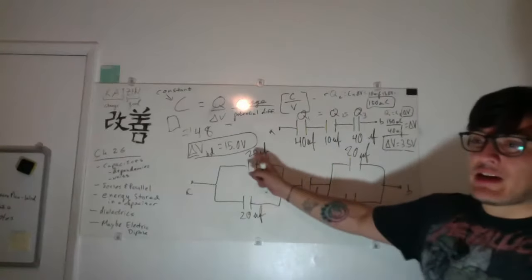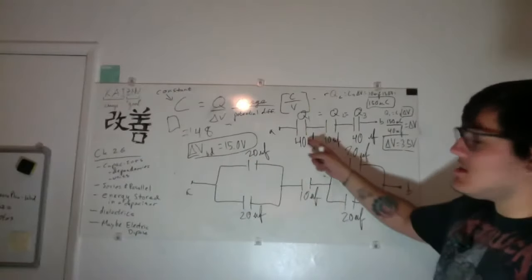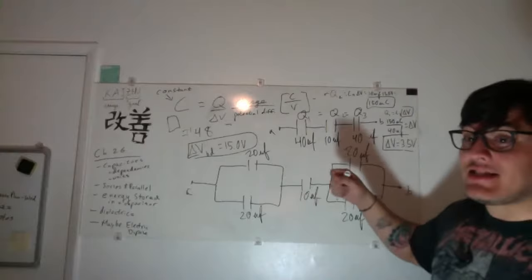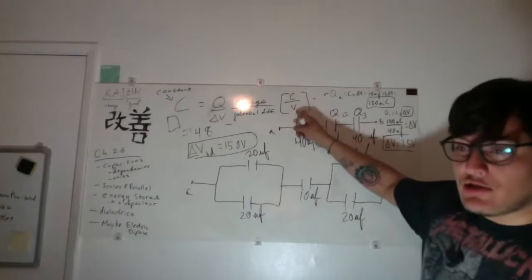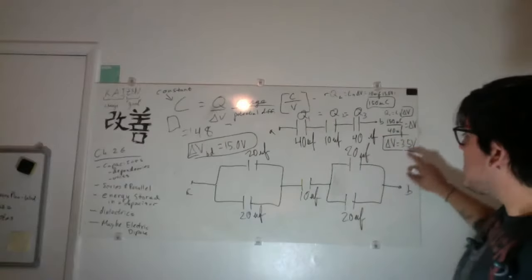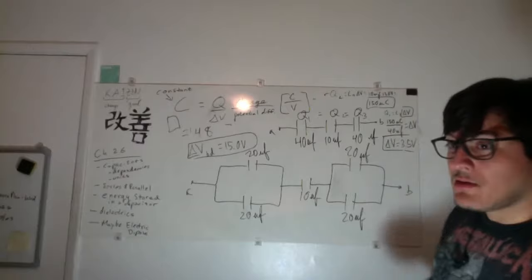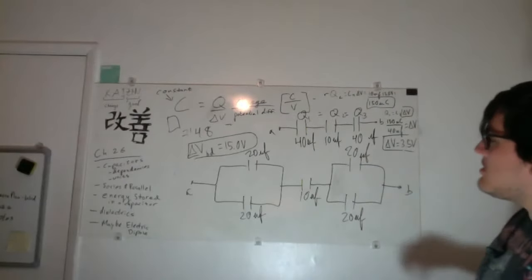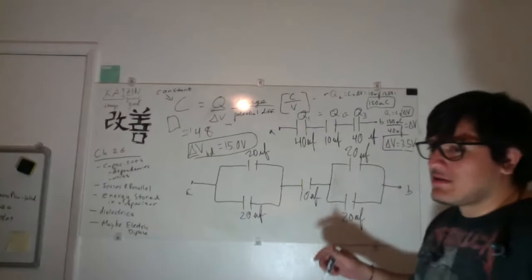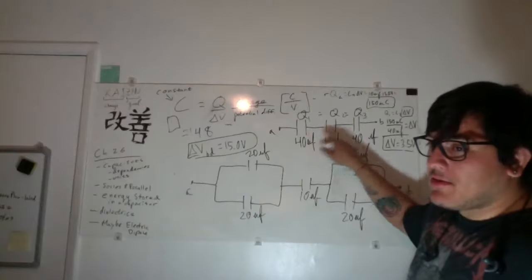This is the total maximum voltage that it can break down at. But because these capacitors have more capacity, more charge over the potential, it will take less potential to break them down. There you go. So the answer to this problem is adding up the breakdown voltage of the 10, the 40, and the 40.